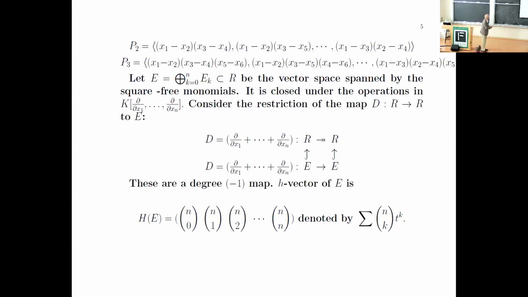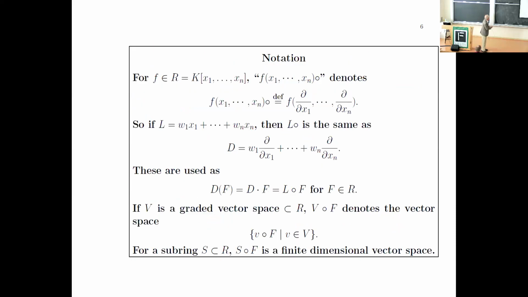How do I go to the next page? Okay. So I like to use these notations. Suppose F is an element of the polynomial ring, then by writing a circle on the right of it, I simply mean to change the variables into differential operators. That's my notation.